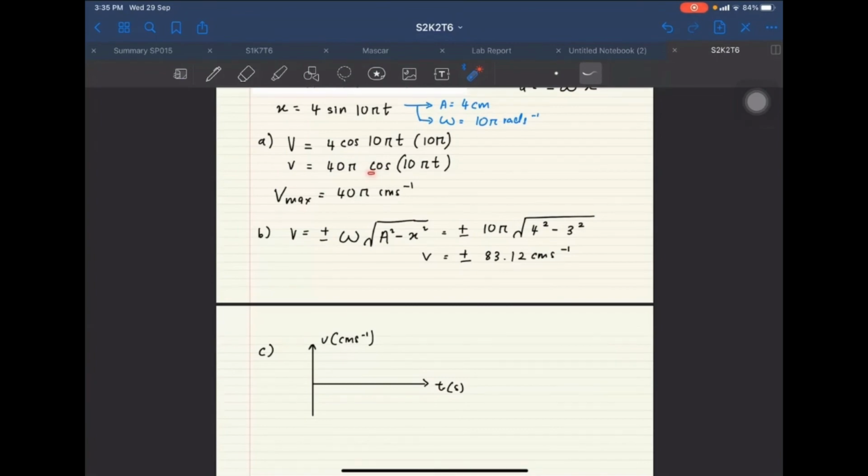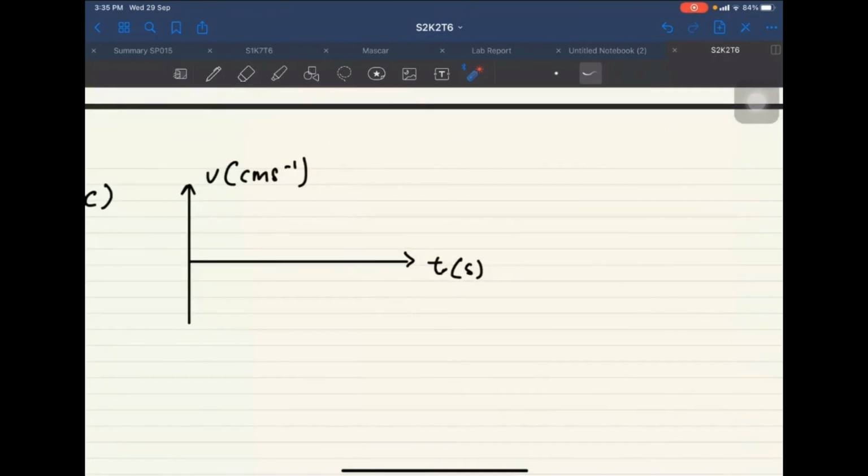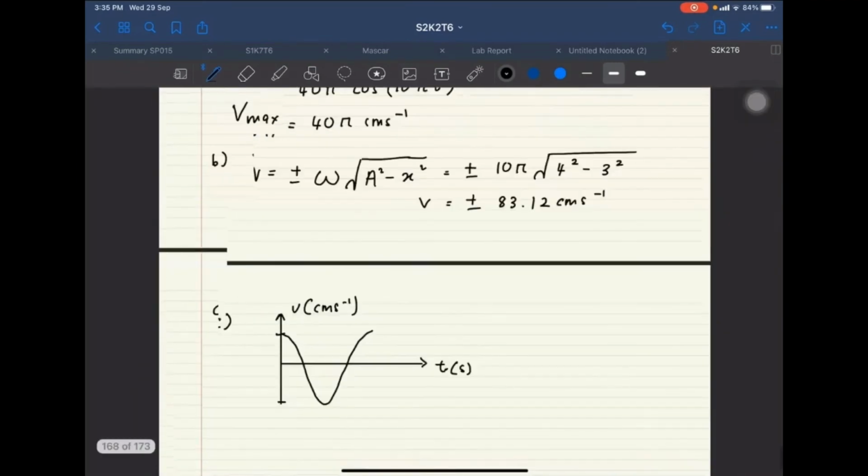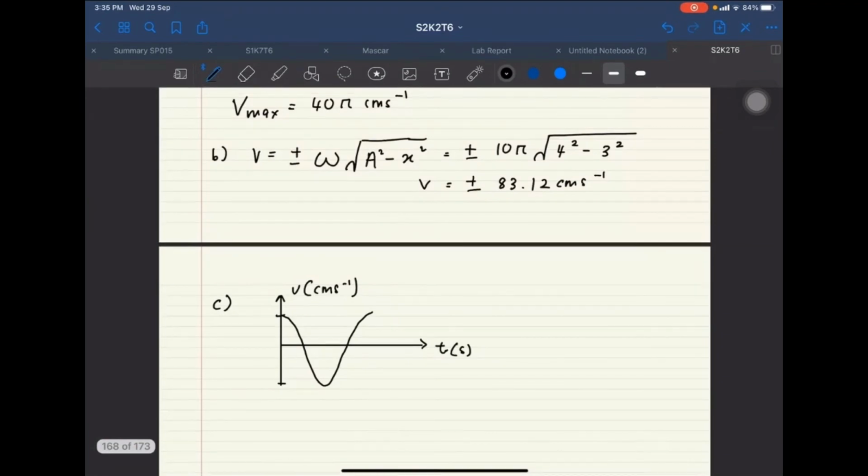Right, so cos bentuk dia start daripada atas lah. It will look something like this. Okay, we do have this value, so kena label. Kalau tak ada kena cari value of the amplitude for V, which is 40 pi dengan negative 40 pi. Okay, and one of the important things over here, which is the period.